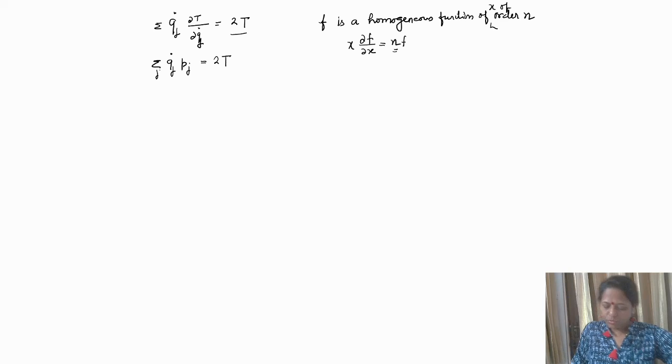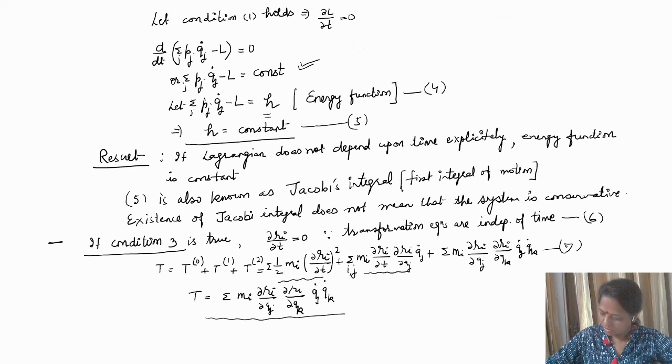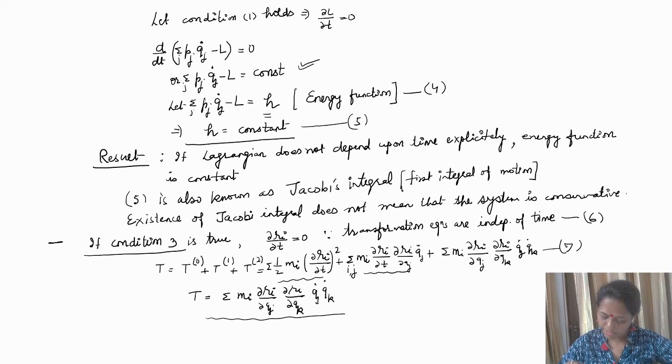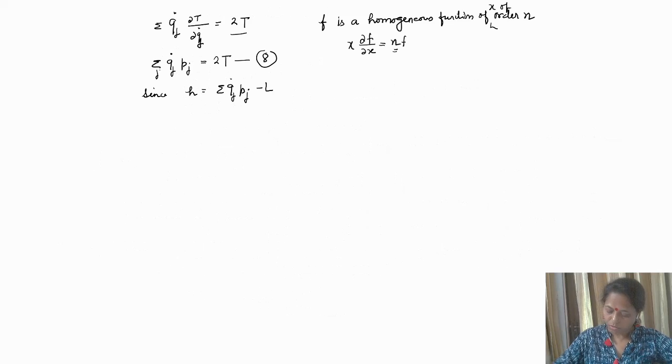Now I use the definition of energy function. Since H is defined as summation q_j dot p_j minus L, and you see when we define this H, we have not used any of the conditions. So existence of H does not need any condition.